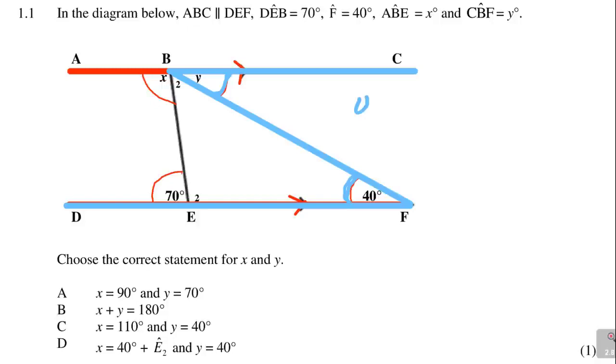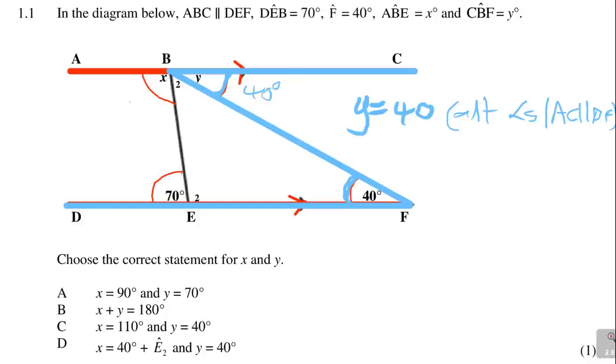So we are saying already here Y is equal to 40 degrees. And then what is the reason? These are alternate angles. Why are they alternate angles? Because they told us ABC is parallel to DF. You know, that is just a quick reason that we can put there. So Y is equal to 40 degrees.